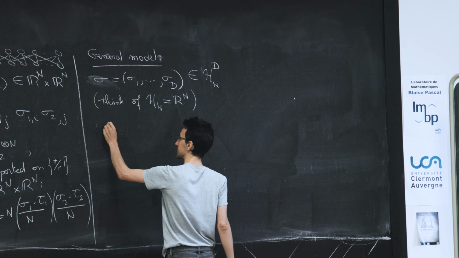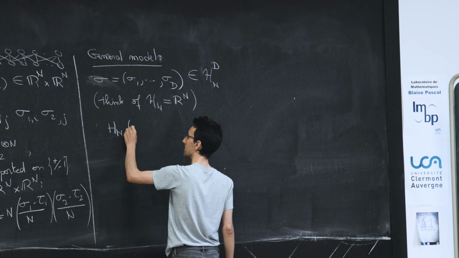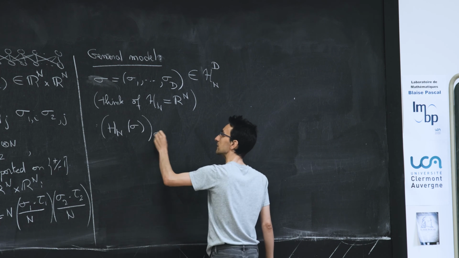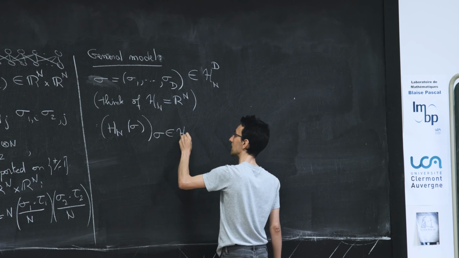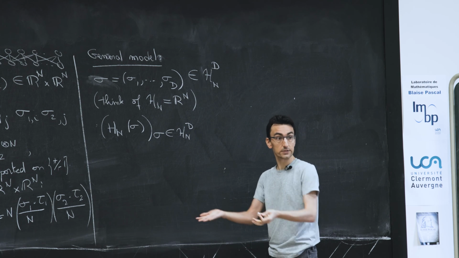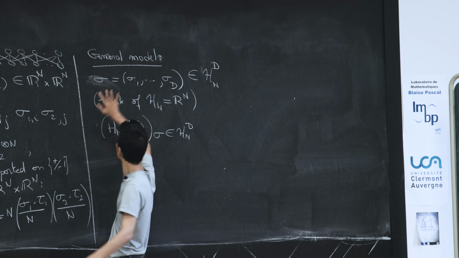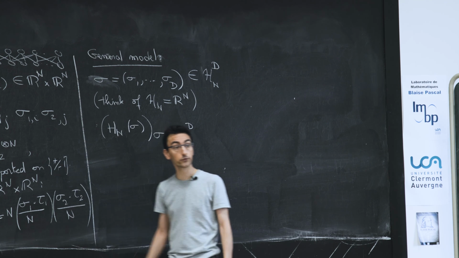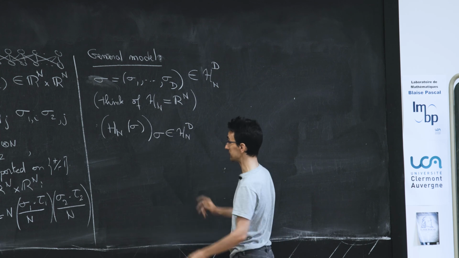And then we said that Hn of sigma indexed by this thing, is a centered Gaussian field with a specific covariance which only depends on the matrix of scalar products between these guys.